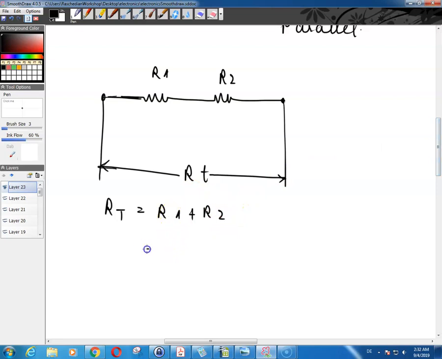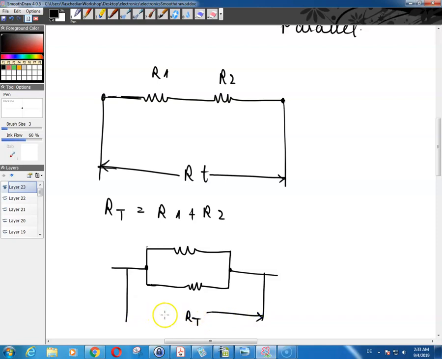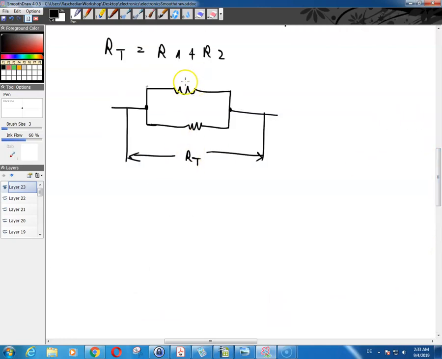And if you have two resistors, for example R1 and R2, and connect them in parallel, then if I call this resistance R of T, it is going to be calculated like this. Suppose this is R1 and this is R2, right?